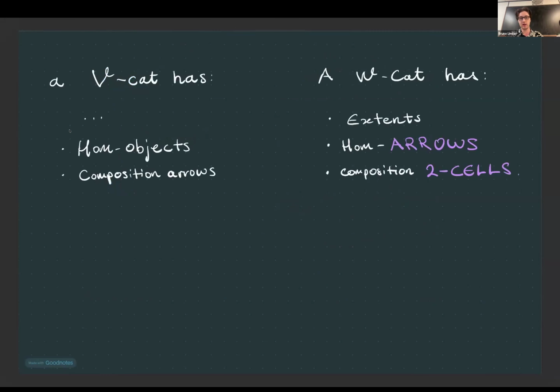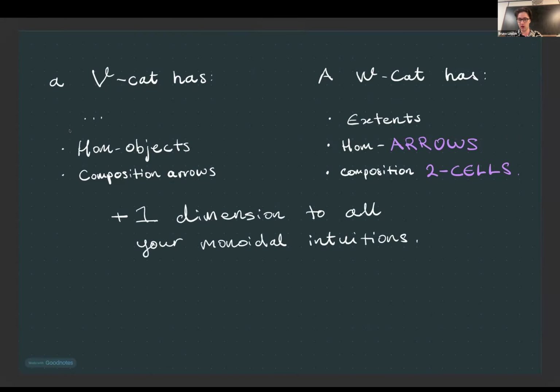So just to summarize, we have this one new bit of information and everything else has been promoted up one dimension. If there's one thing to remember, just bump up by one dimension everything that you already think about for enriching in a monoidal category.